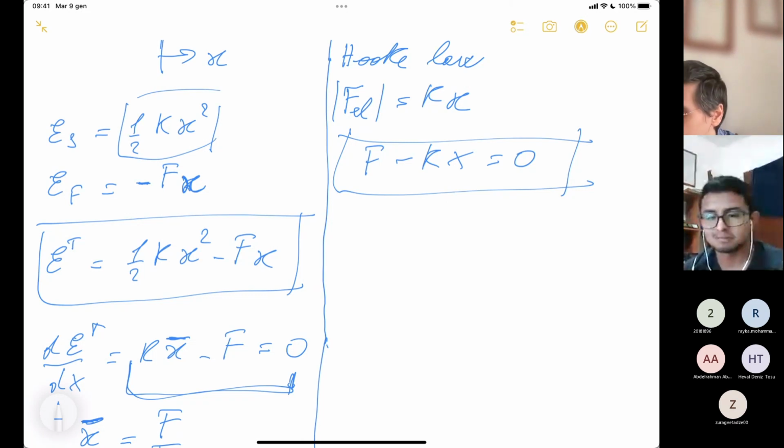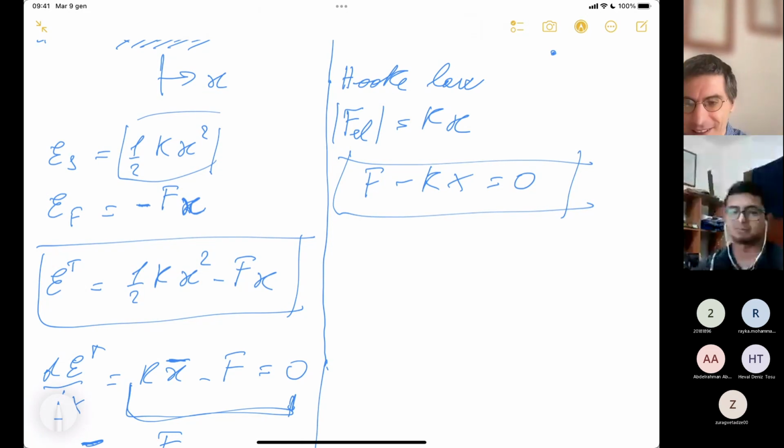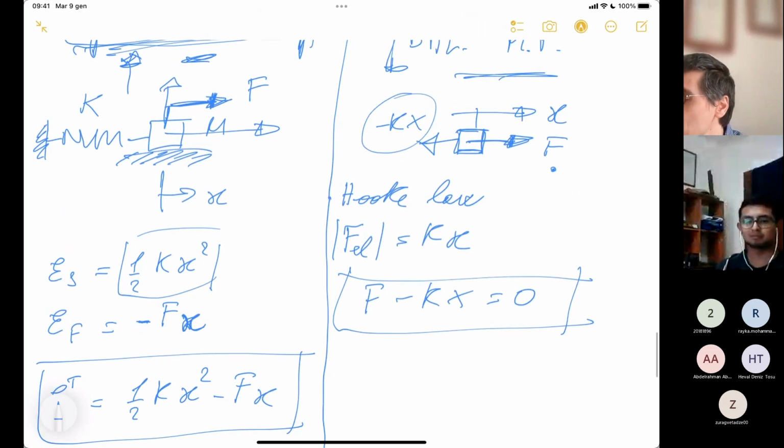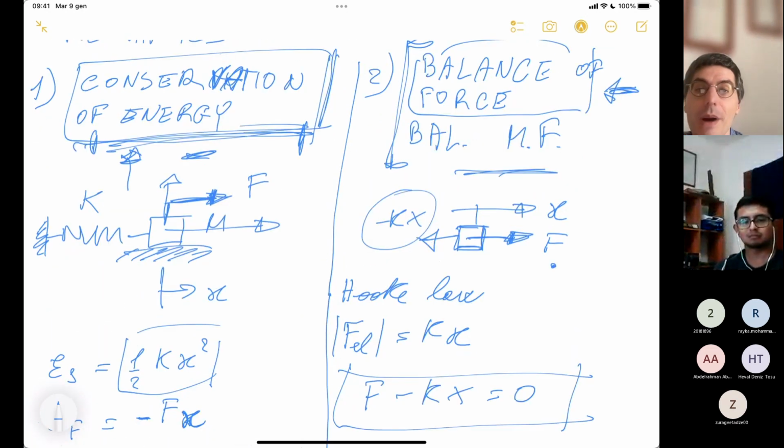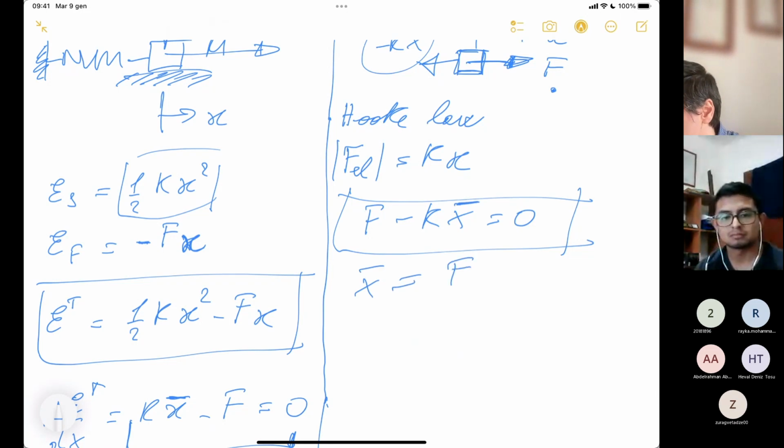And so, without making the derivative, because sometimes this derivative can be difficult, this is the reason they postulated directly the balance of force at the beginning. And so, also in this case, we obtain, of course, the same result.